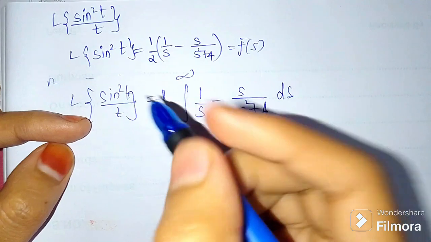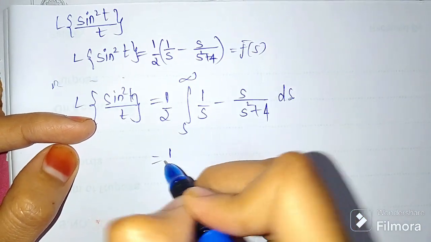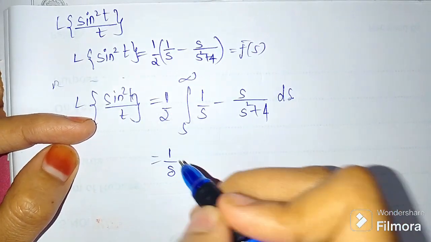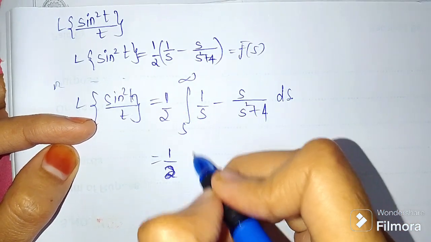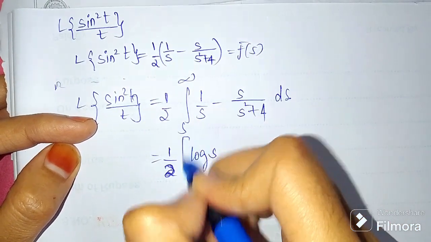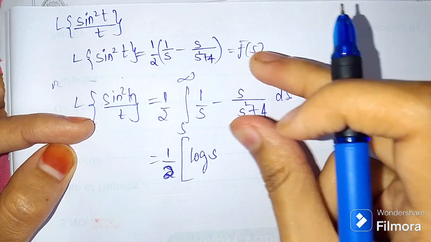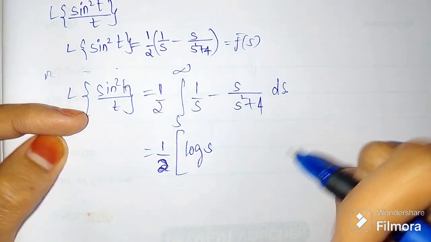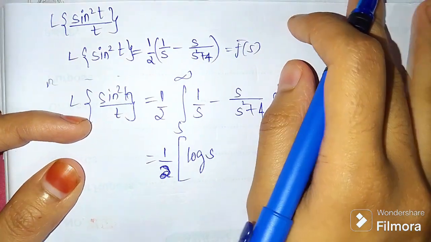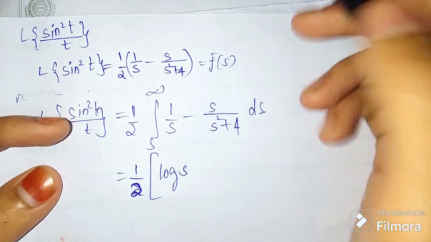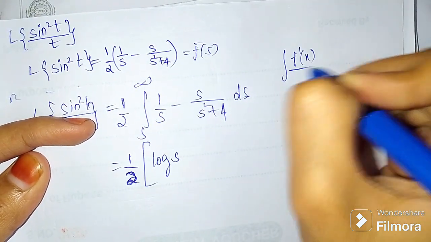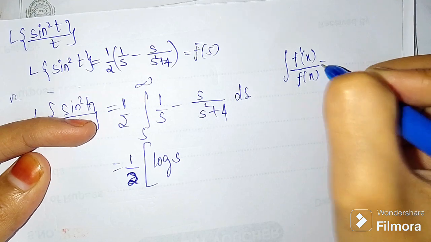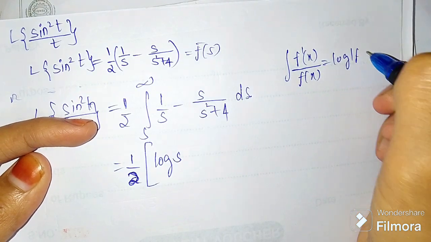So now 1 by 2, what is the integral of 1 by s? Log s, right? What is the integral of s by (s square plus 4)? If you remember one formula, which is very, very important: integration of f dash of x by f of x is log mod f of x.